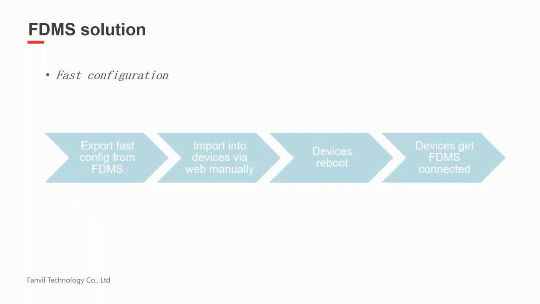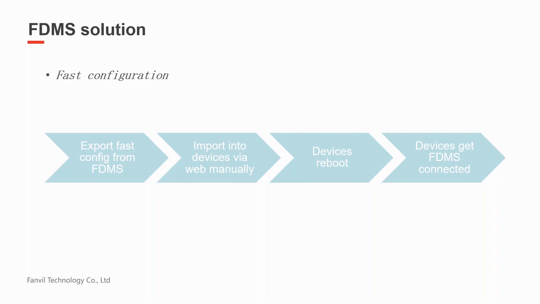Since there are many advantages to the FDMS, let's see how we use the FDMS as a solution. FDMS and our devices communicate via TR069.